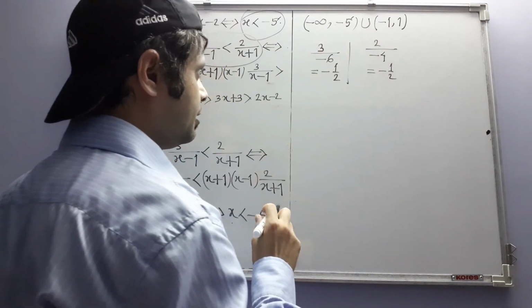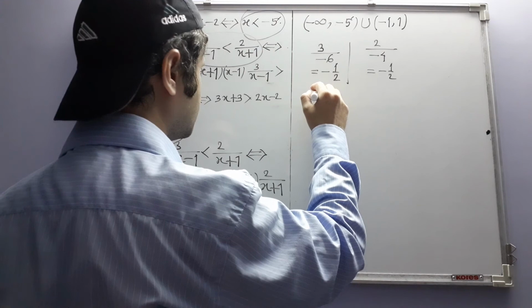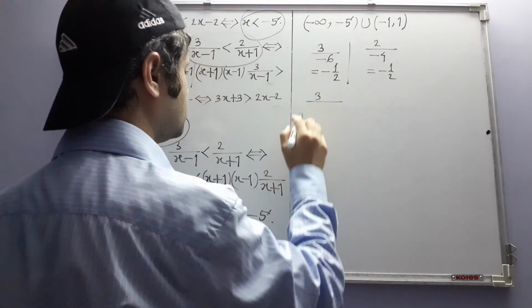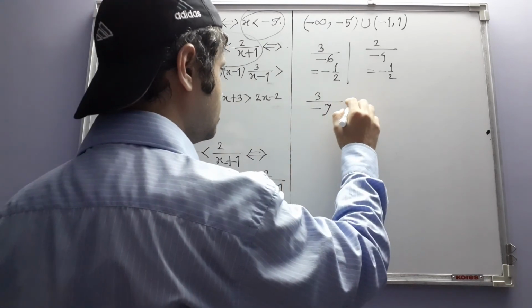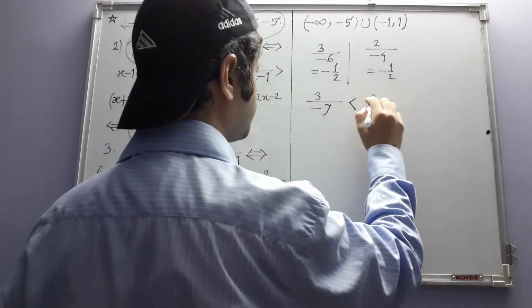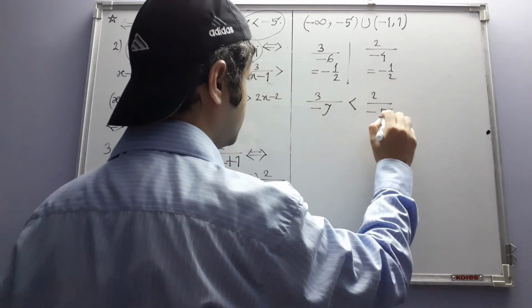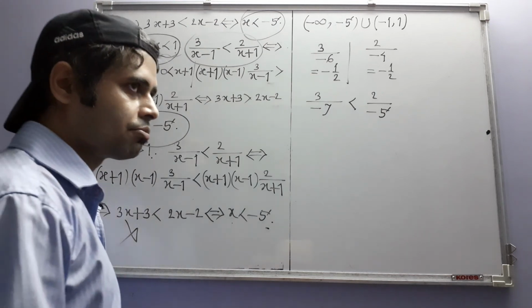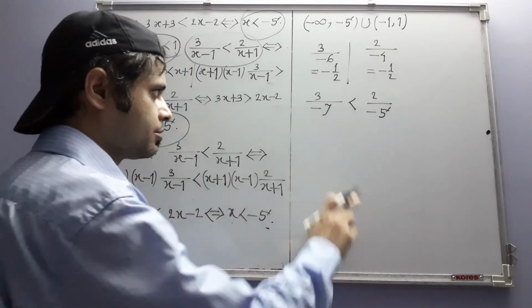If you take anything less than minus 5, say for the sake of easy calculation we take minus 6, then we have this. Now is this inequality true? At once it's a little bit difficult to see that this inequality is true.